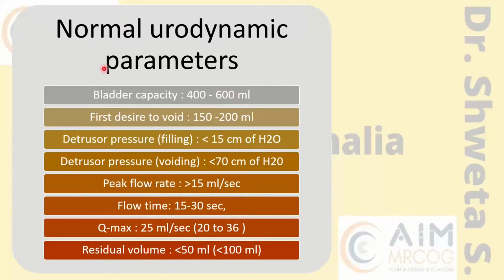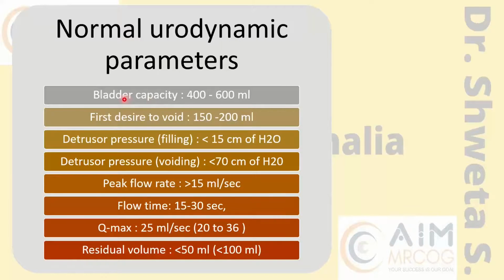You have to understand the normal urodynamic parameters. Believe me, if you remember this, half of the questions you can solve just by understanding what is normal and what is not normal. Because if you know the normal value, you can easily detect what is abnormal, and easily make the diagnosis of overactive bladder.